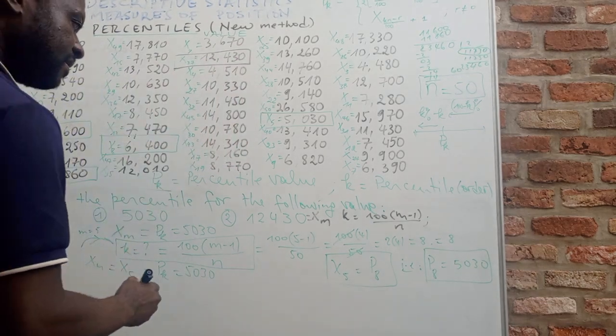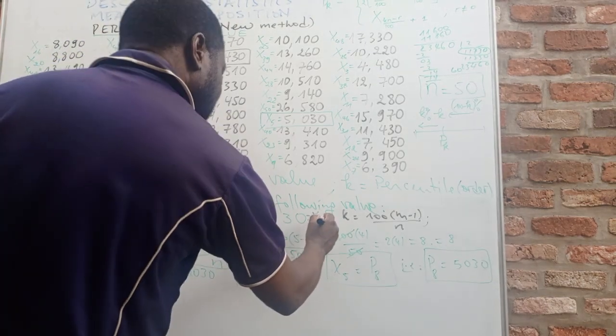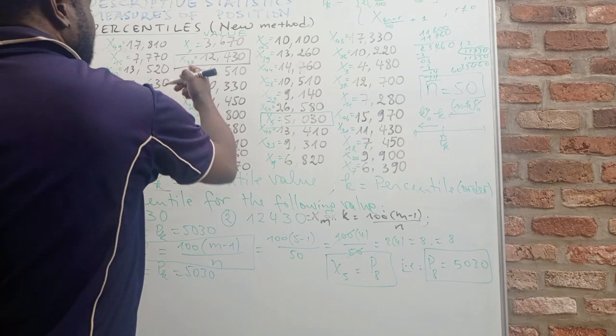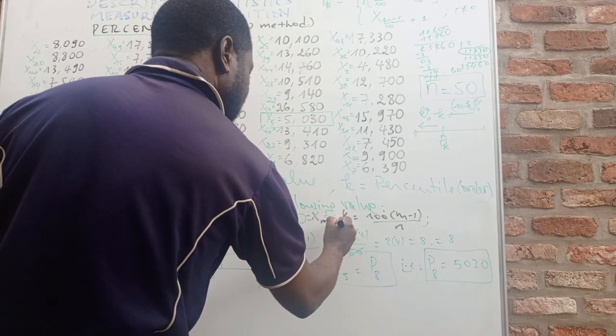Now, this means that this is the x index, x sub 37.